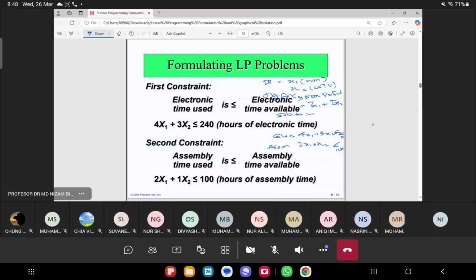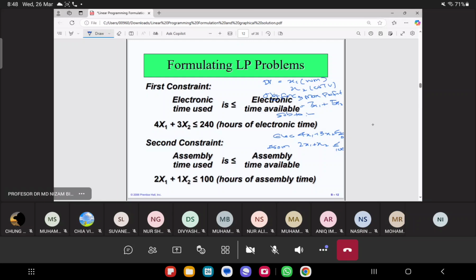And if you look at all the equations, they're all linear. Right? So you have the objective function, you have decision variables x1 and x2. The objective function is to maximize profit, and that equals 7x1 plus 5x2. Subject to the constraints, the electrical time is 4x1 plus 3x2 must be less than or equal to 240.